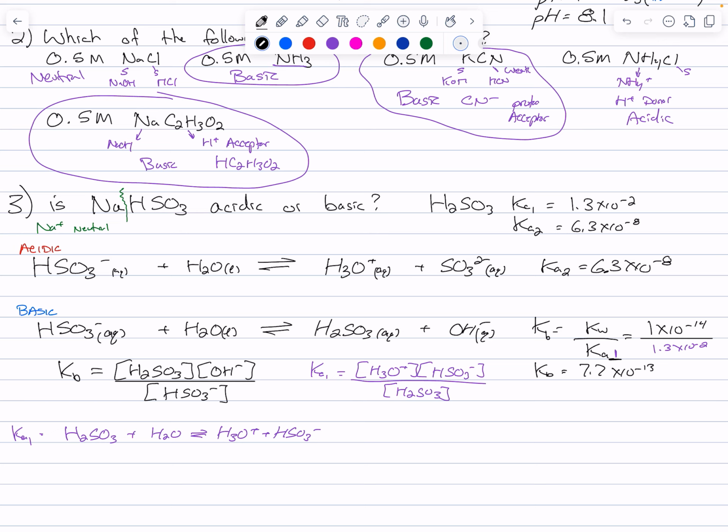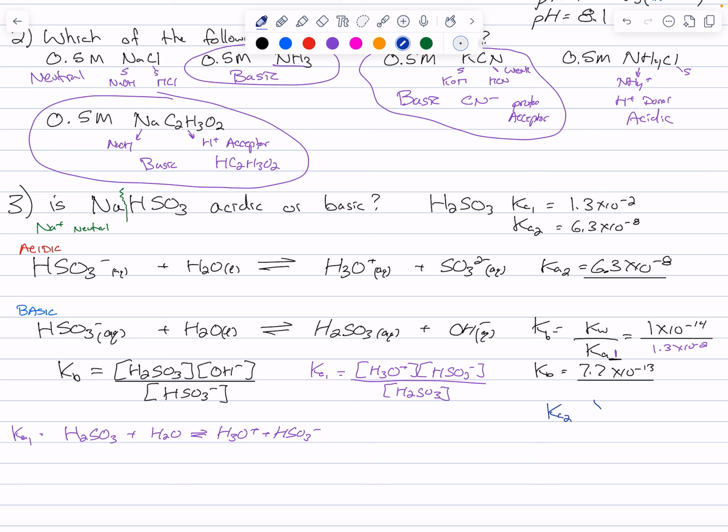All right, so now for the acidic reaction, Ka2 is the equilibrium constant, 6.3 times 10 to the negative 8. For the basic reaction, K is 7.7 times 10 to the negative 13. So Ka2 is bigger than Kb, right?